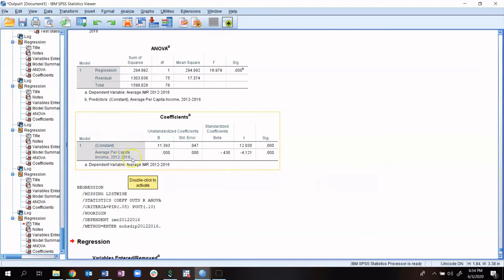We are much more interested in the per capita income coefficient. So every 1 unit increase in per capita income, which is to say every $1 increase, raises the infant mortality rate by 0.000 deaths per 1,000 births. It is significant at a p-value of less than 0.001.